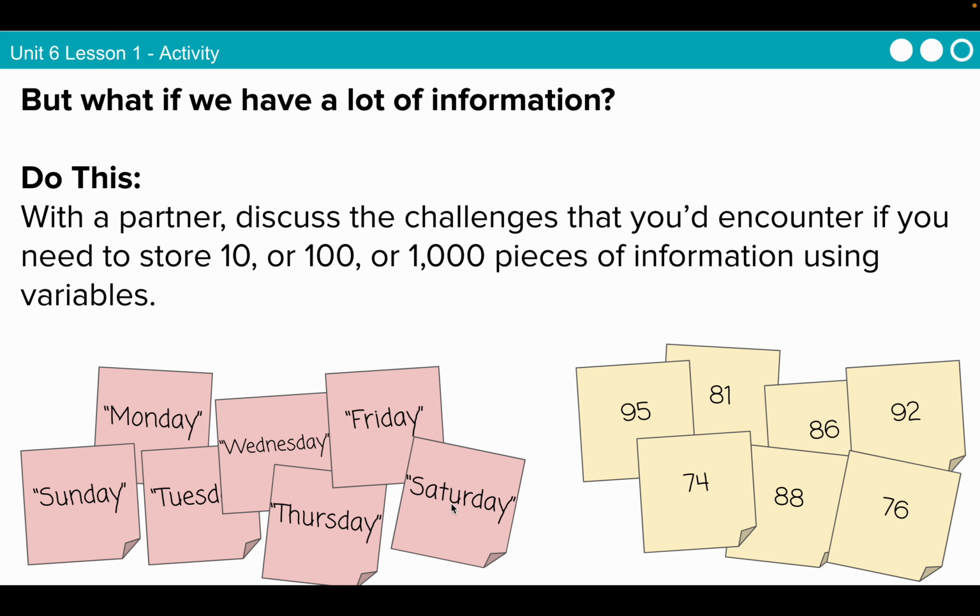Luckily, there's only 7 days of the week, but what if we did months that way? And what if we did students that way? How many students go to our school? Like 1,000, okay? So it could get pretty messy whenever we have a lot of pieces of information like that.